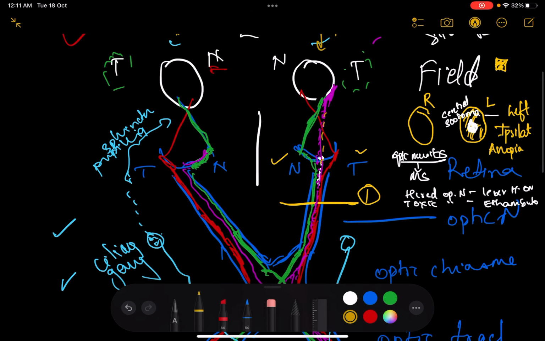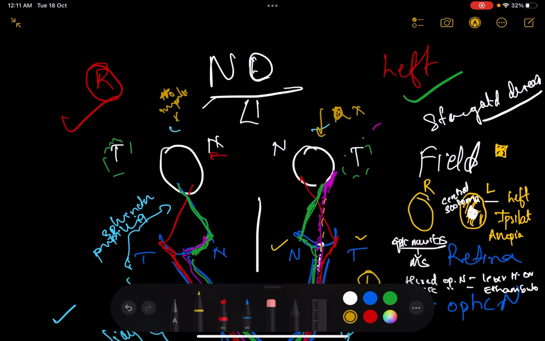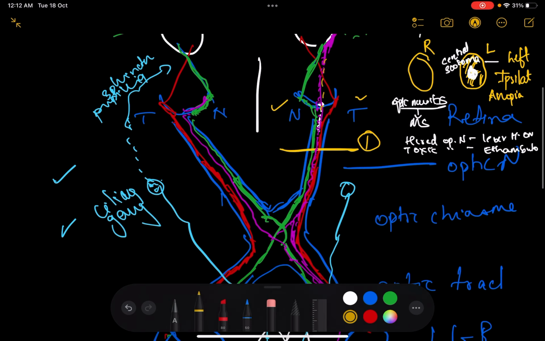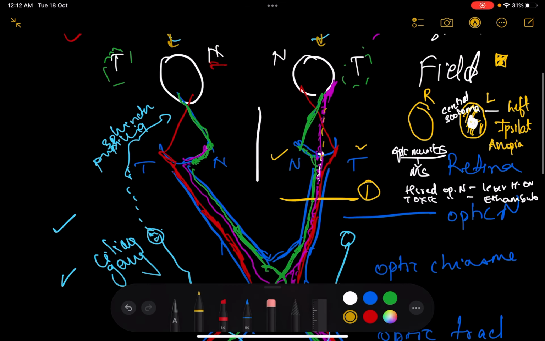Correct. But let's say if I give an impulse out here, will there be accommodation? Yes, that is true, because here the fibers are intact, and here you can see a certain amount of accommodation.